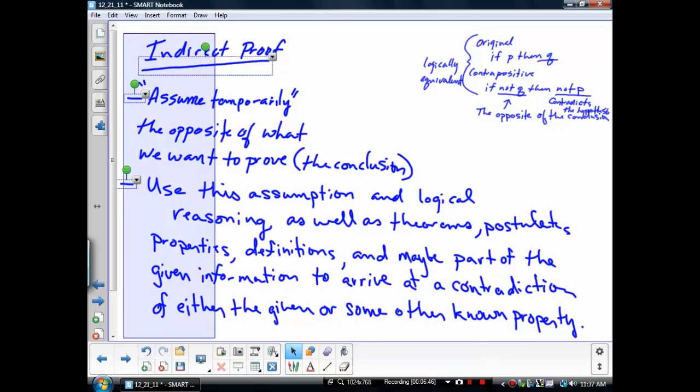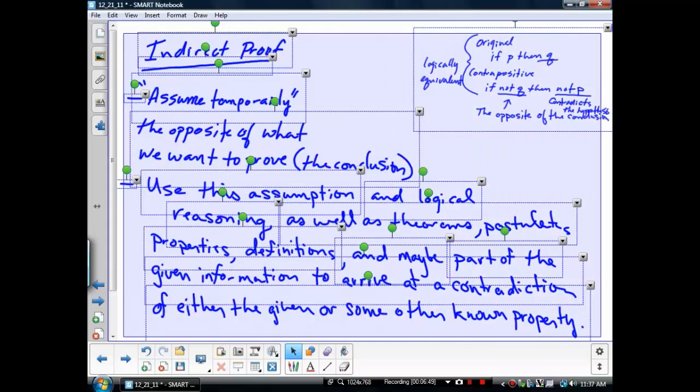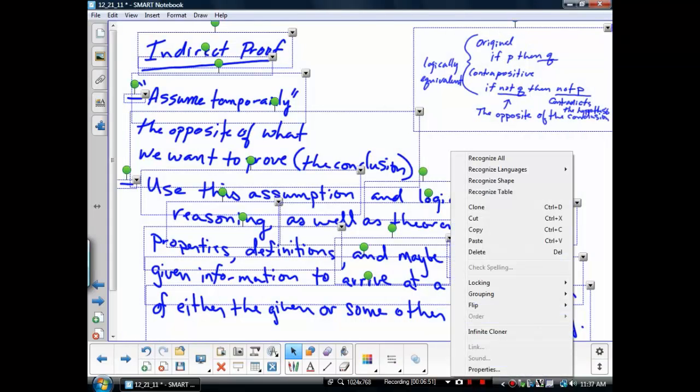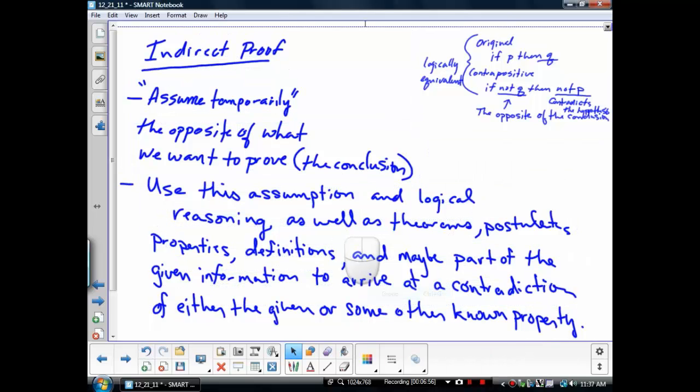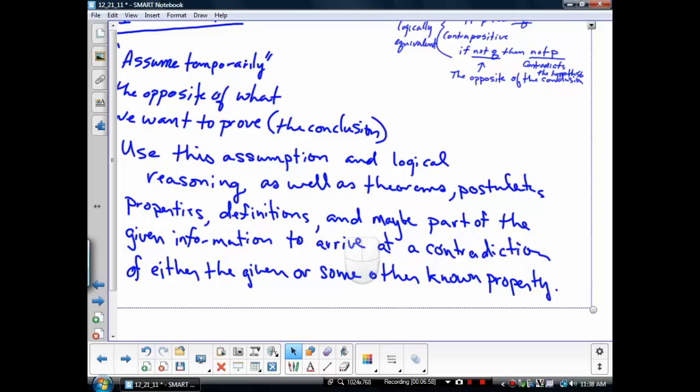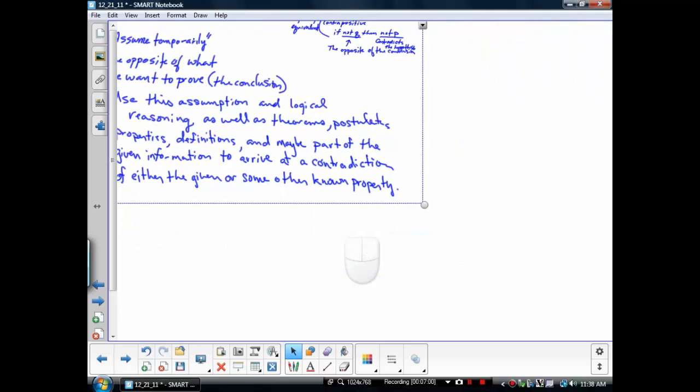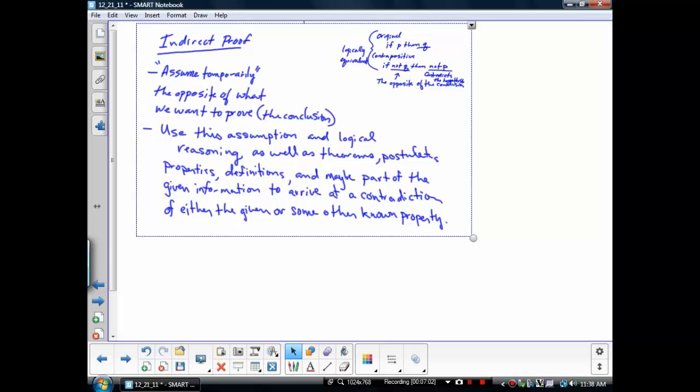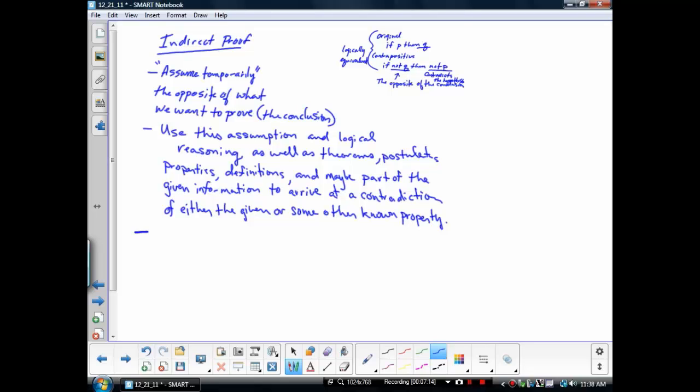The next phraseology that is always used is in the conclusion of an indirect proof. We always start with assume temporarily the opposite of what we want to prove, which is the conclusion. We always end with this contradicts. Use those exact words. This contradicts.